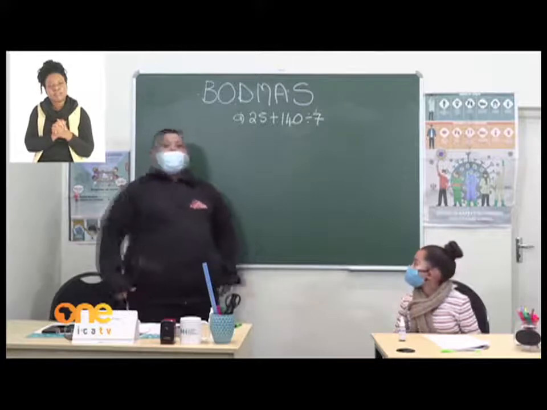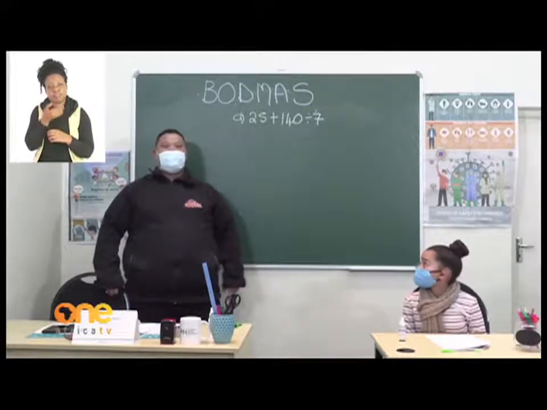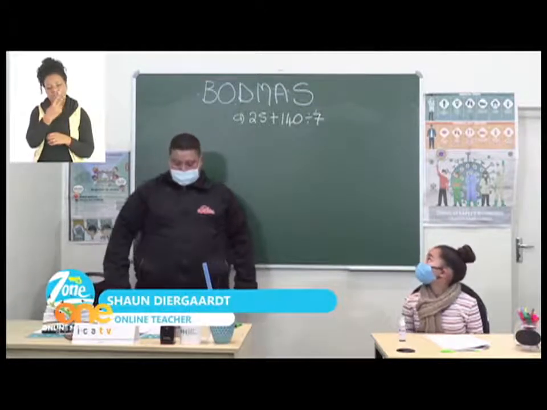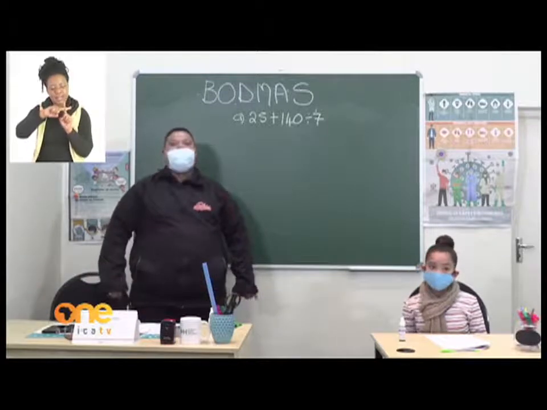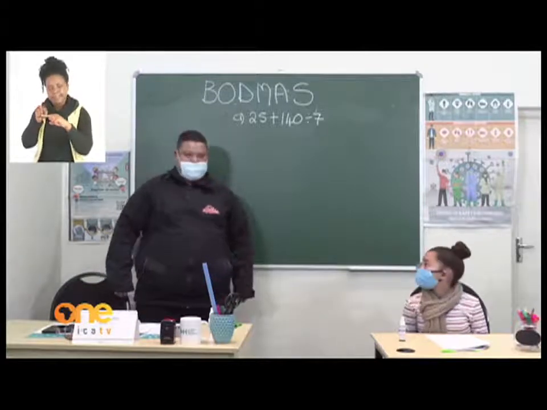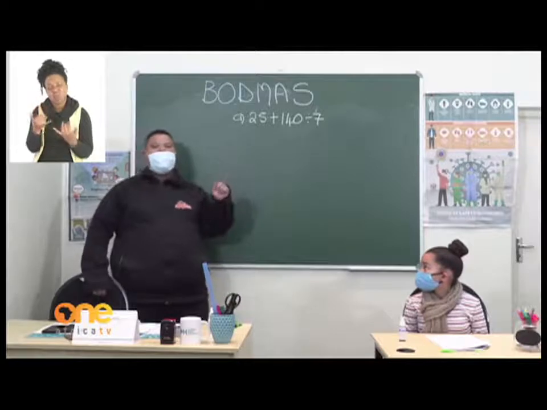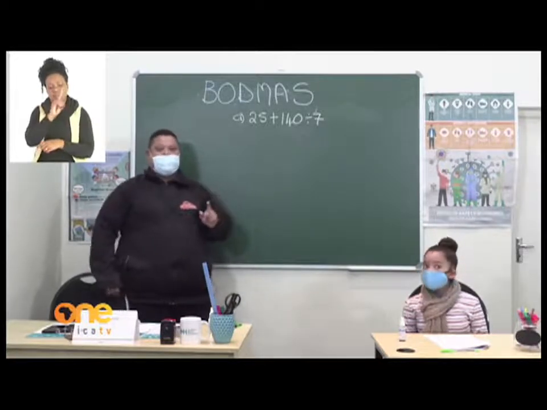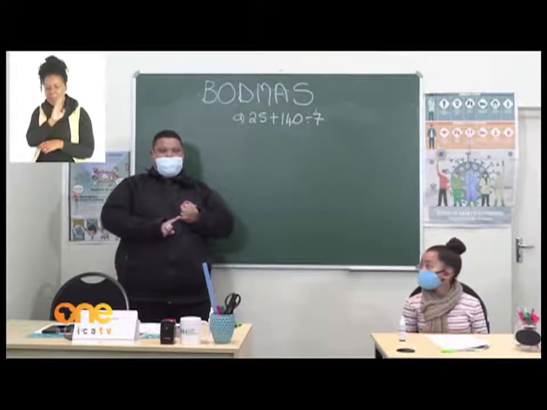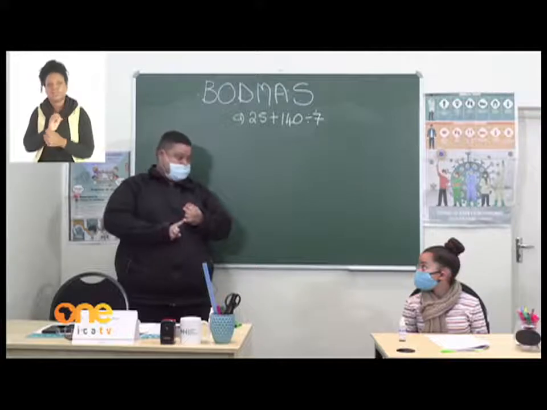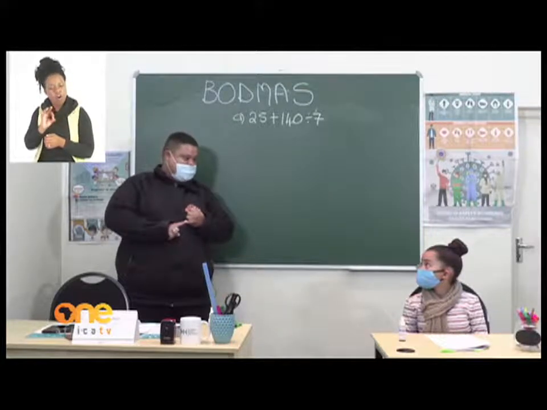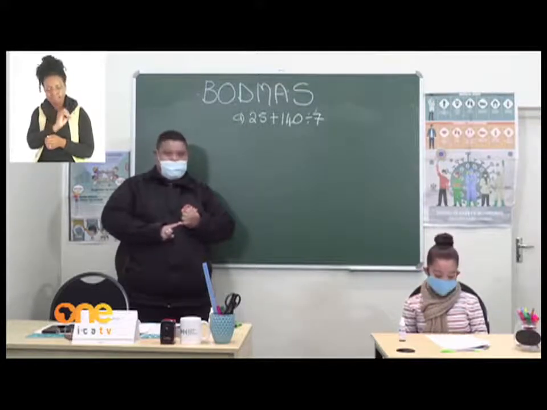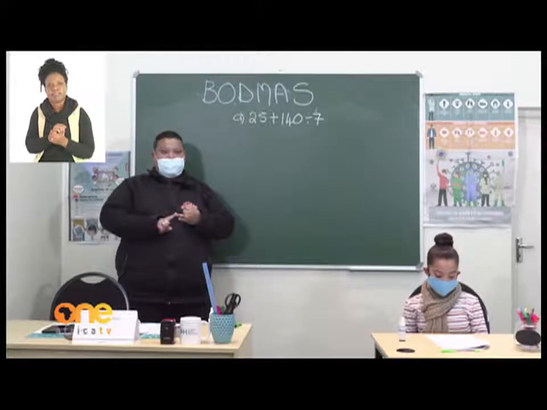Okay. On the chalkboard we will see, it says 25 plus 140 divided by 7. Now we need to apply BODMAS. So we first check: do we have any brackets? If there were brackets, we would have done that part first. So do we have any brackets? No. Do we see the word of somewhere?